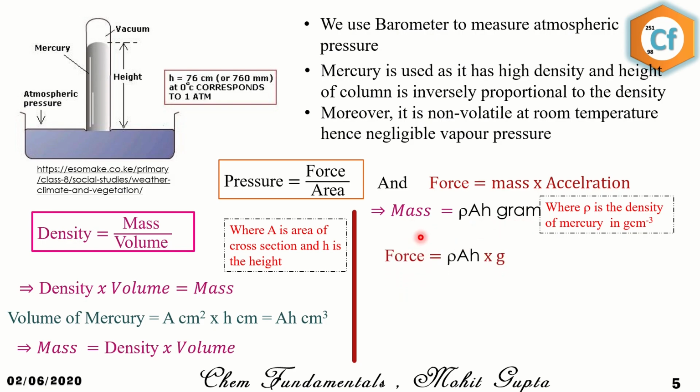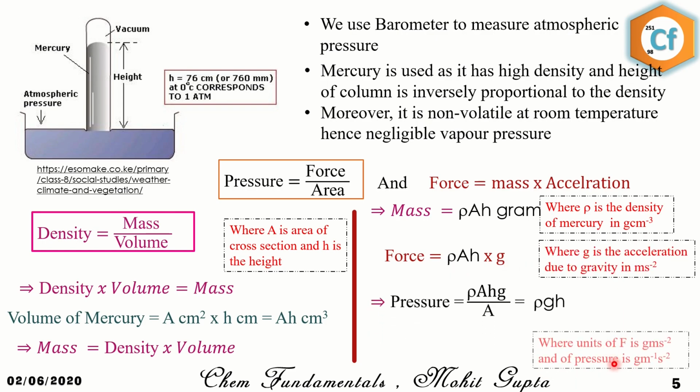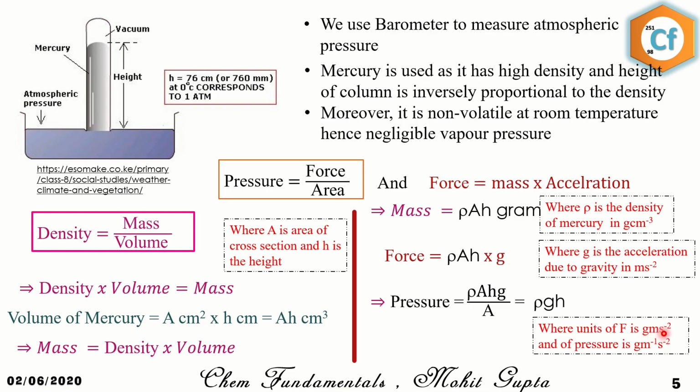The next step is we'll substitute the value of mass and the acceleration in the formula of force. What we'll get is A H rho into G. The unit of the force is gram meter per second square because the unit of gravity is meter per second square and the unit of mass is gram. So what we'll get is gram meter per second square. Now the pressure is force per unit area.